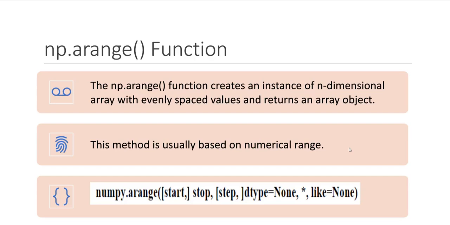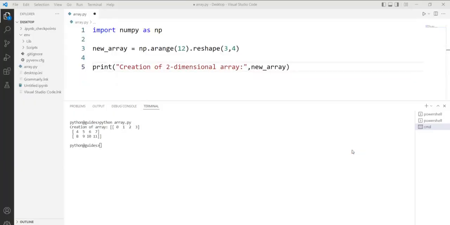Now let's work through an example of how to use the arange function while creating an array. I have taken an example in which I first imported the NumPy library with the alias name np. After this we created a two-dimensional array with the numpy.arange function, and to create a two-dimensional array we have to adjust it with the numpy.reshape method.